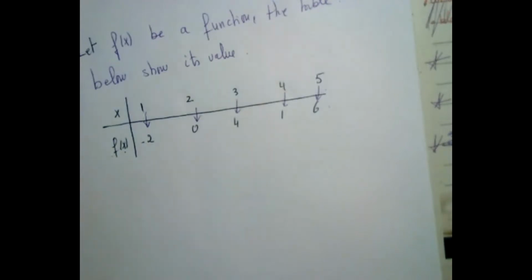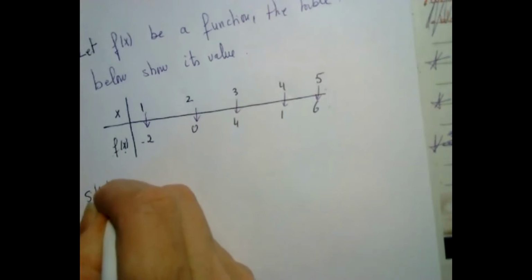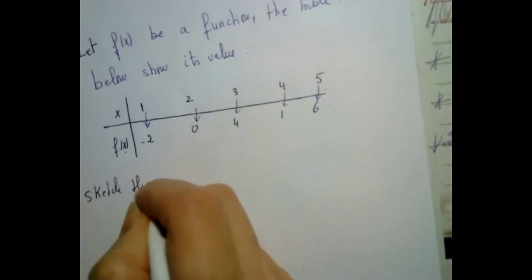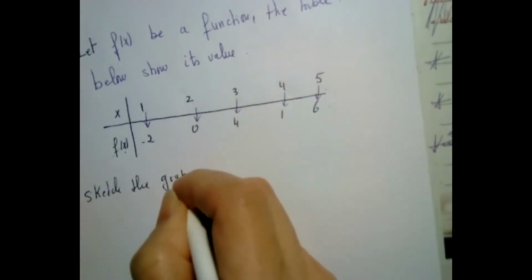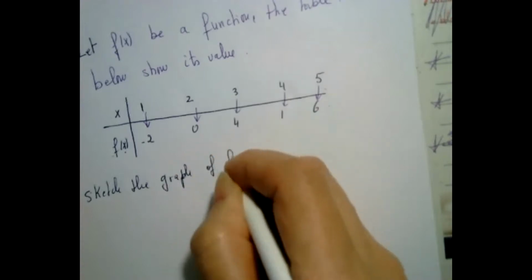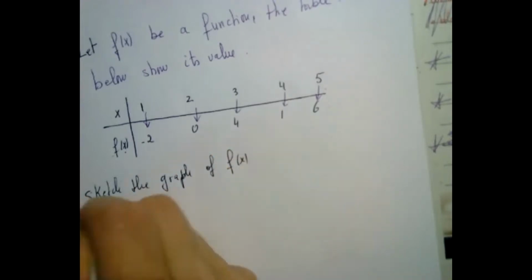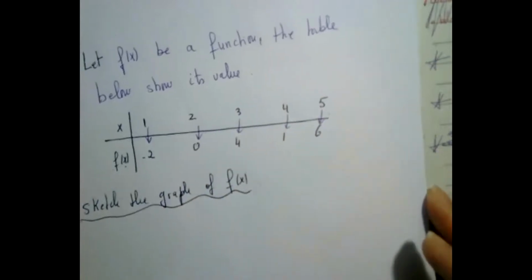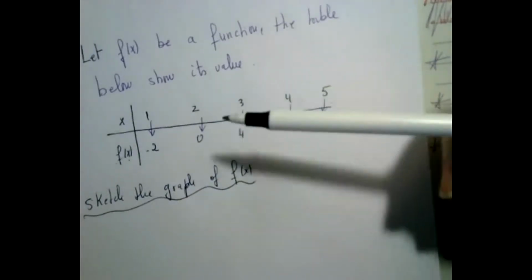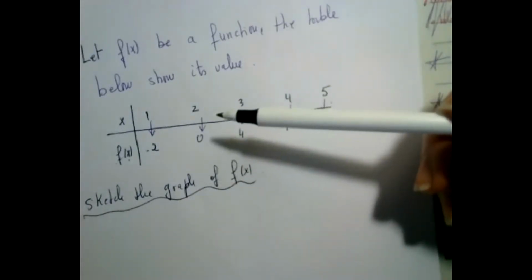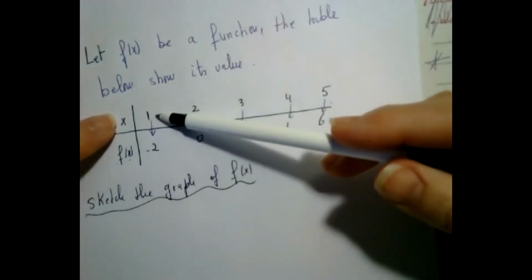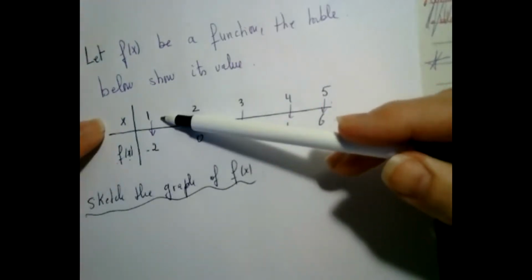Now the question is, sketch the graph of f. What do we mean by that? What does it mean to sketch the graph? It means sketch all the points that have for coordinates the input and the output for this input.